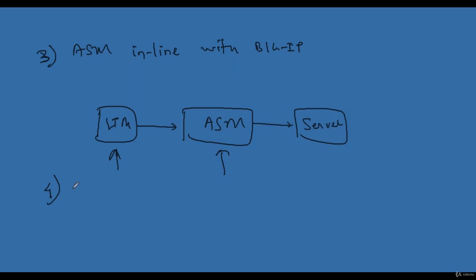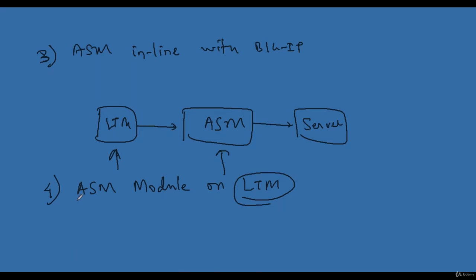Then the next type of deployment is the ASM module on LTM. Let's say initially you purchased a new appliance which has only the LTM feature. Now you want to scale up, and you want to add more security to your application.